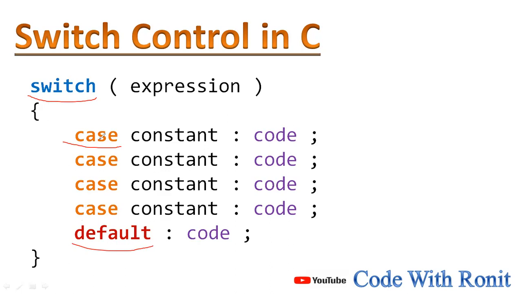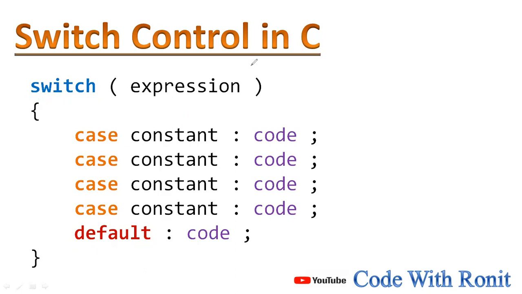Now, here the constants cannot have duplicate values. Means if I have written 1 here, then we cannot use 1 in any other case. Okay.